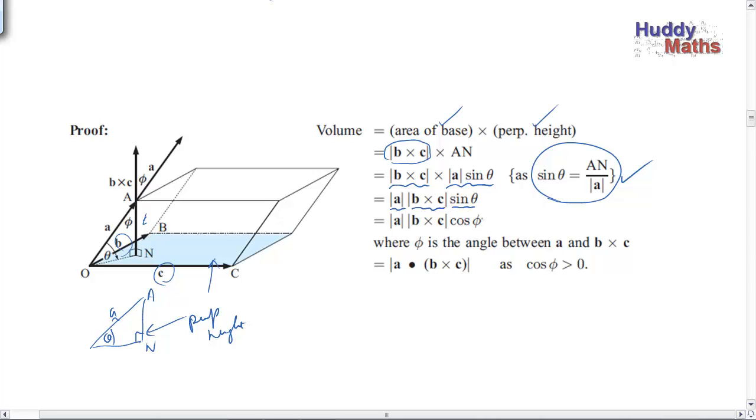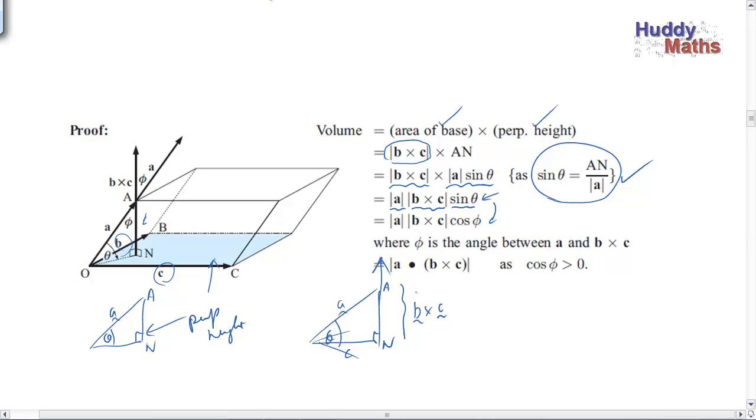Well, we don't recognise that too much. Let's look at theta though, and there's a trick here because we want to get it into cos theta. You'll see why in a minute. So here theta is there, that's A, and this is AN. So here B cross C is the vector going up here, isn't it? B cross C, perpendicular to the base, which is B and C in the base here.